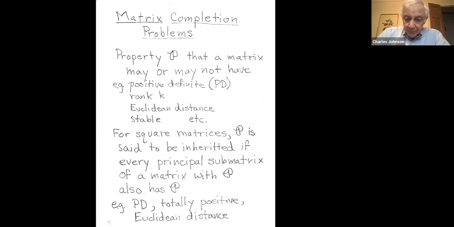If I have a positive definite matrix, every principal submatrix must be positive definite. If I'm totally positive, that is, all the minors are positive, then every principal submatrix will be totally positive, even in the non-square case, any submatrix. And of course, Euclidean distance matrices. If I look at a principal submatrix of a Euclidean distance matrix, I must have another Euclidean distance matrix.